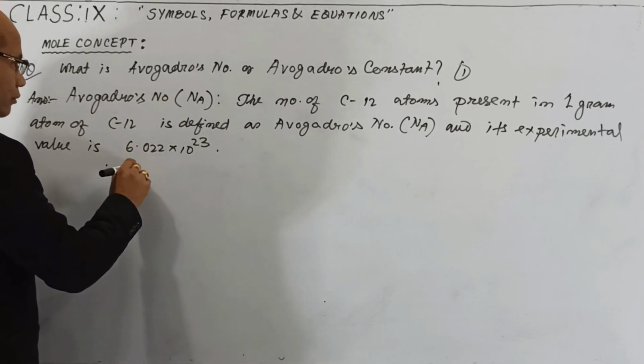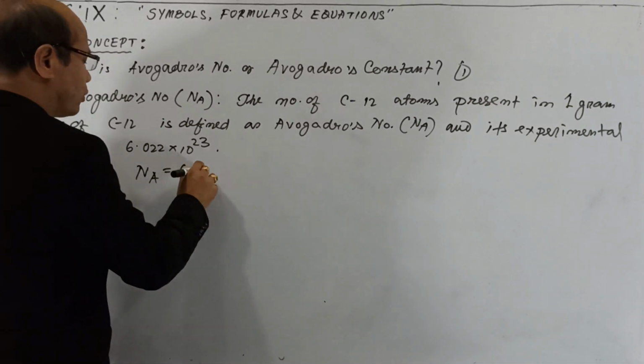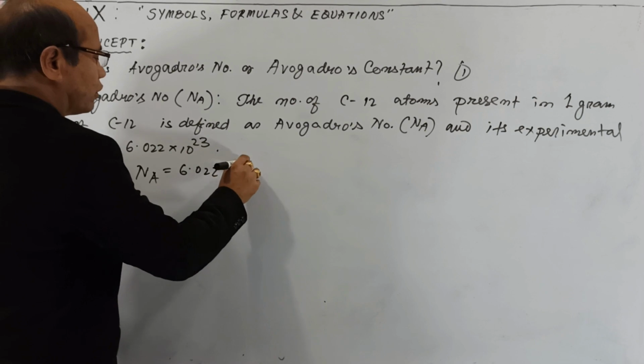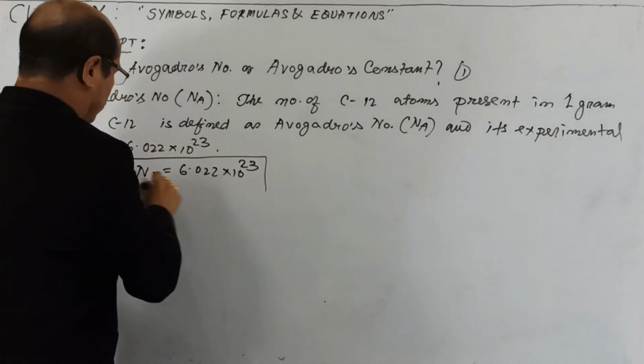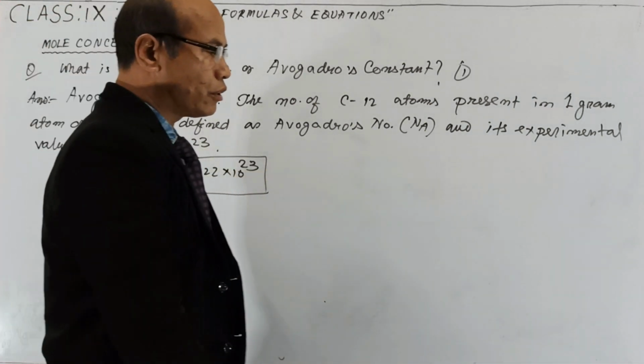That means Avogadro number or Avogadro constant is equal to 6.022 × 10^23. So this number is called Avogadro constant or Avogadro number.